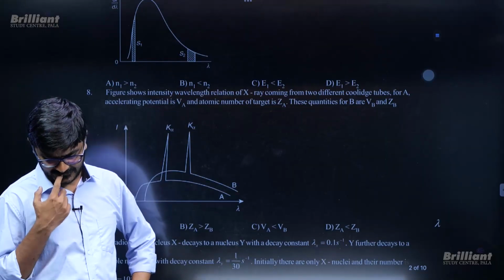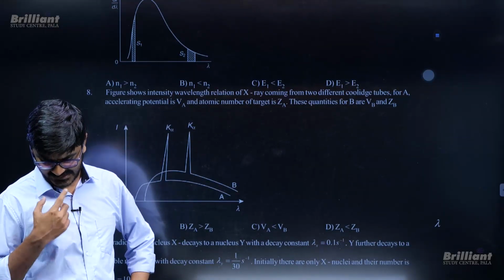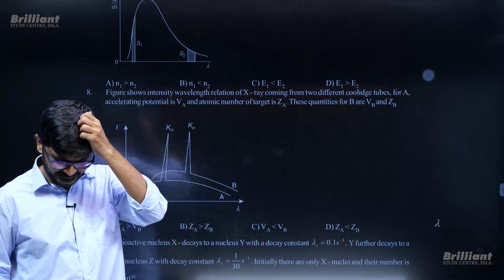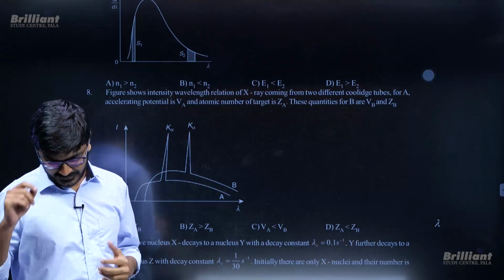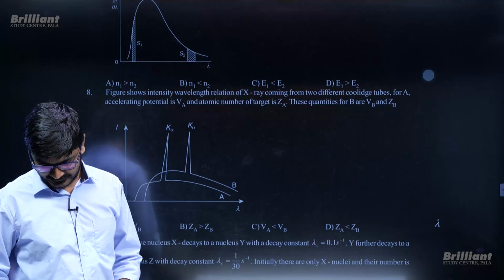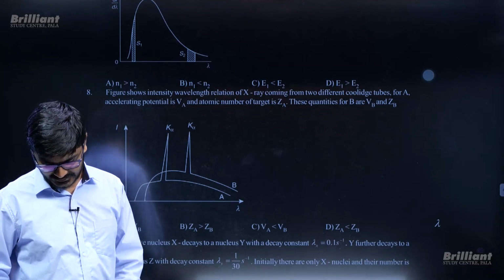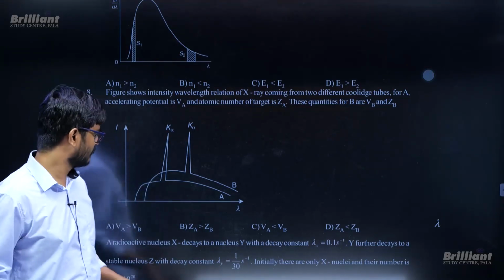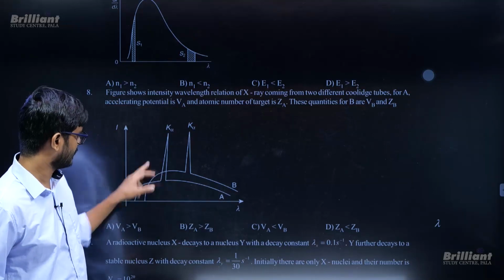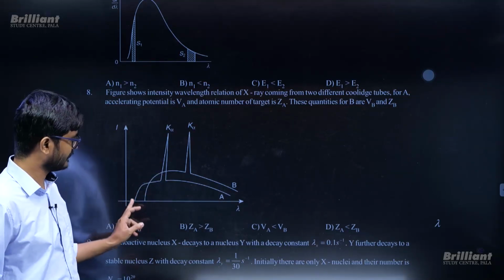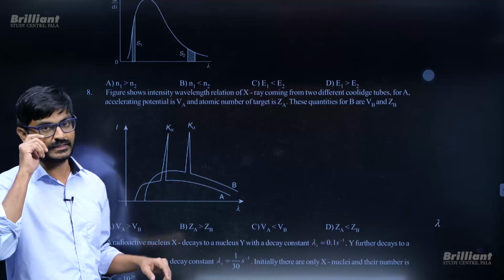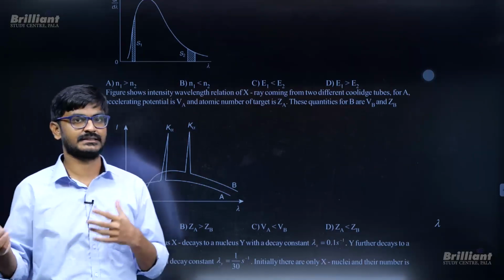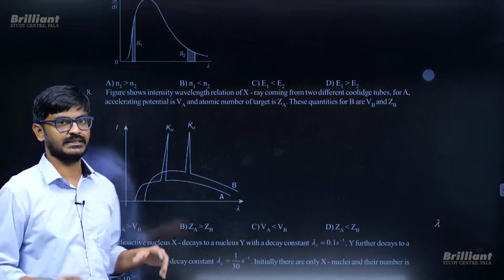The figure shows the intensity-wavelength relation of X-rays coming out from two different Coolidge tubes. The atomic number of the target is ZA, and for the second one it is ZB. So we'll look at the A graph, which is this one. Here the wavelength is less. If the wavelength is less, what can we predict? See, there will be two kinds of X-rays; this one is the continuous one, right?